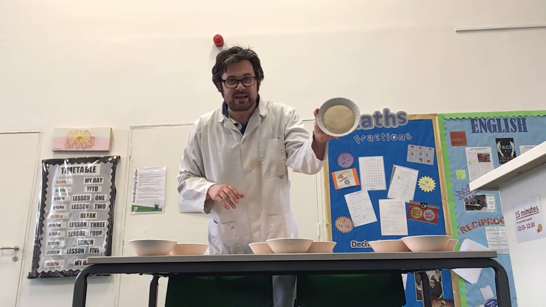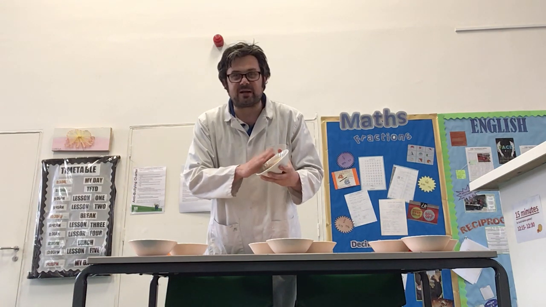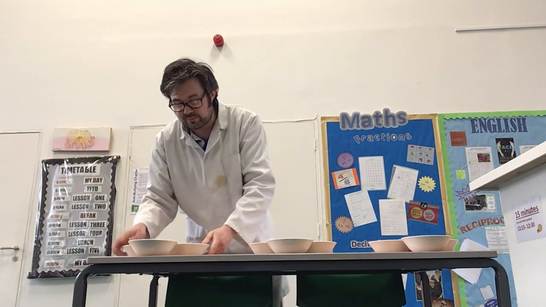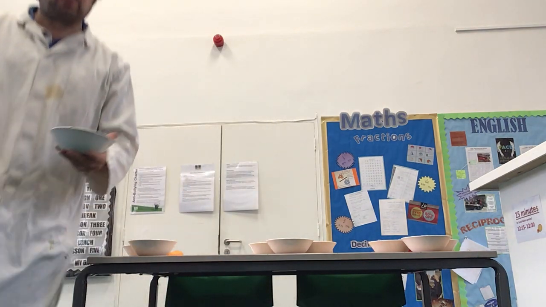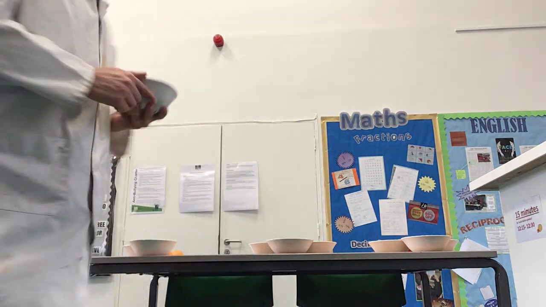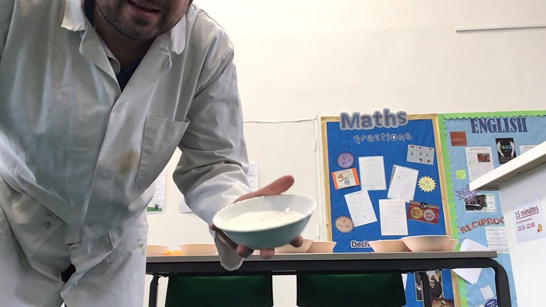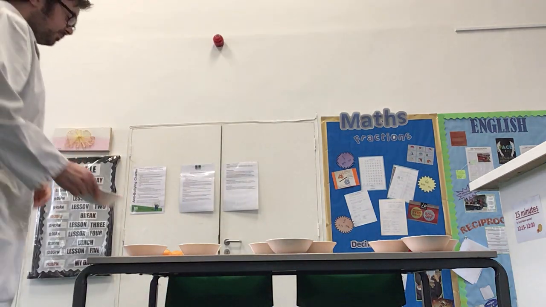This one, the thickest that I've found, I've made some kind of Play-Doh, if you like, as a surface area. I've got another batch of salt here. And for this one, for the finest surface area, I've got some flour.